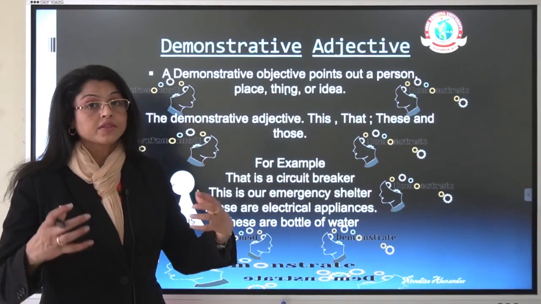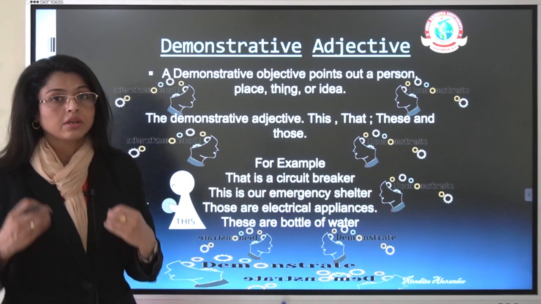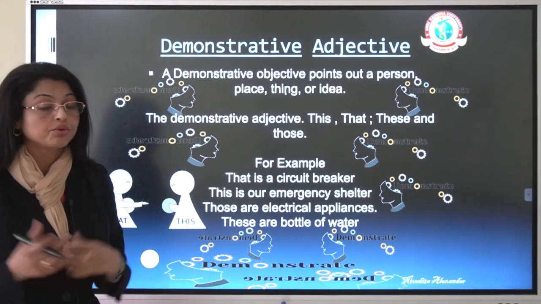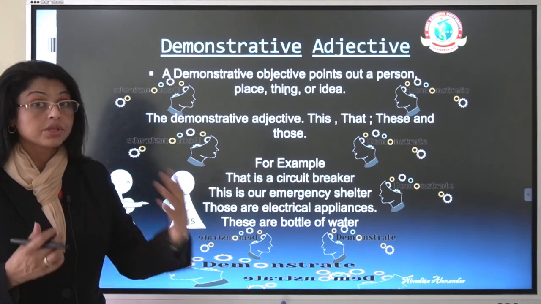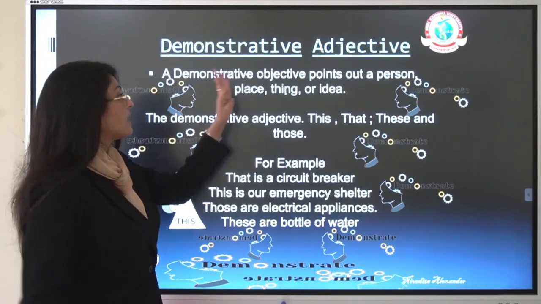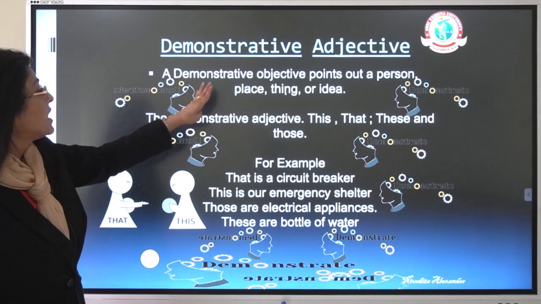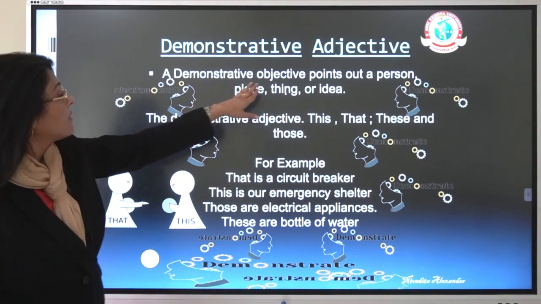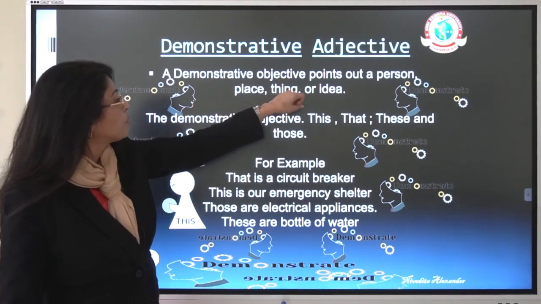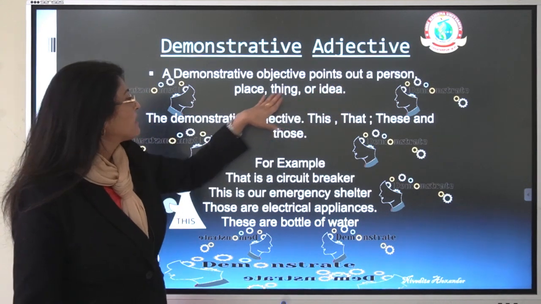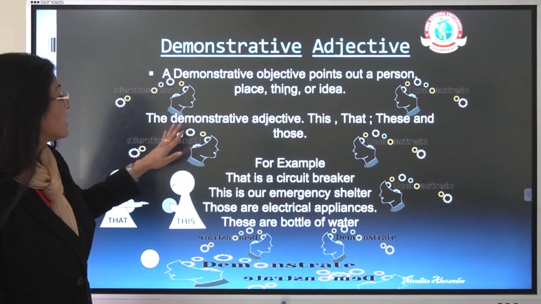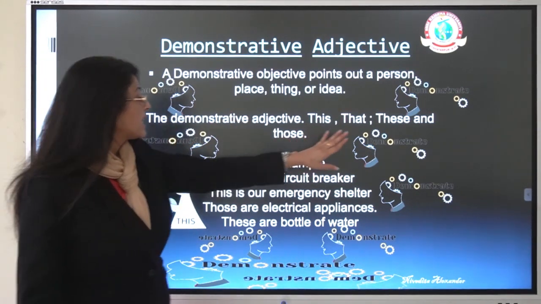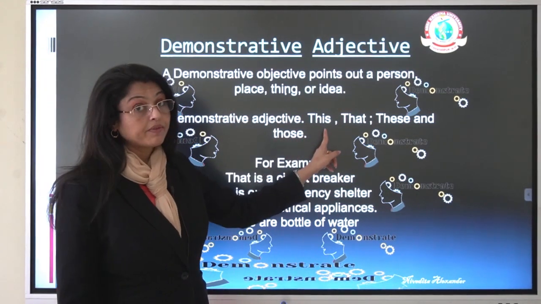It is a group of certain parts of speech, the words which you use, and we will understand those determiners in a separate video. Right now, demonstrative adjectives point out a person, place, thing or idea. It could be anything, right? This, that, these and those are the main demonstrative adjectives.